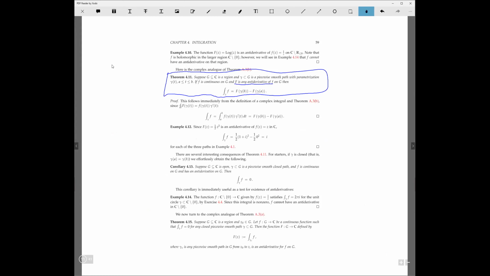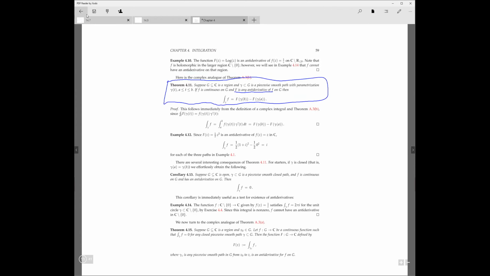Okay, another way to look at it. So if you have a function that's holomorphic, what I just showed you is looking at it in terms of the antiderivative.